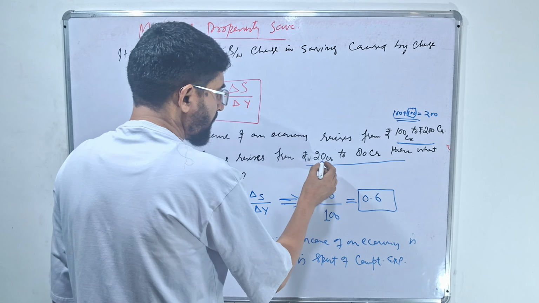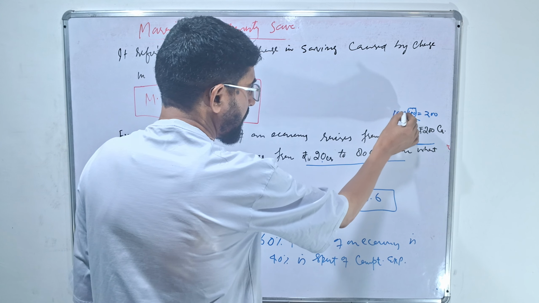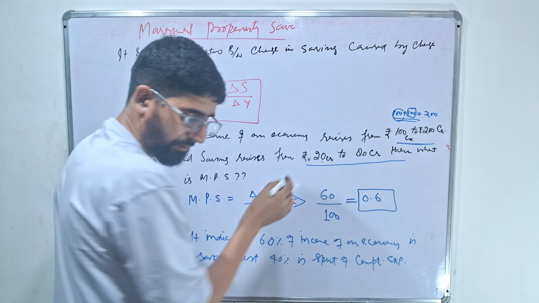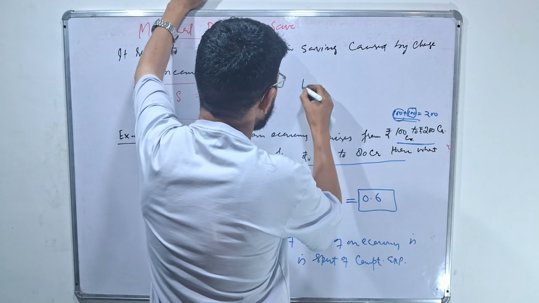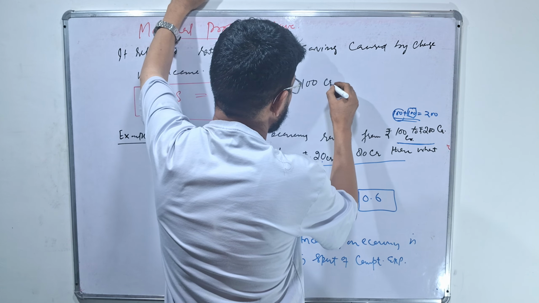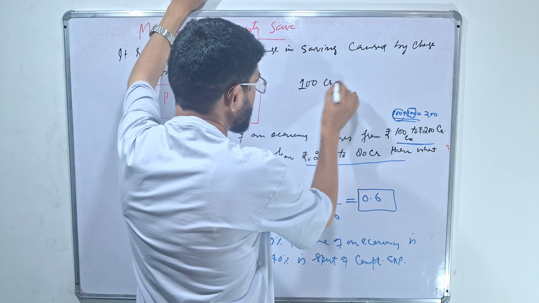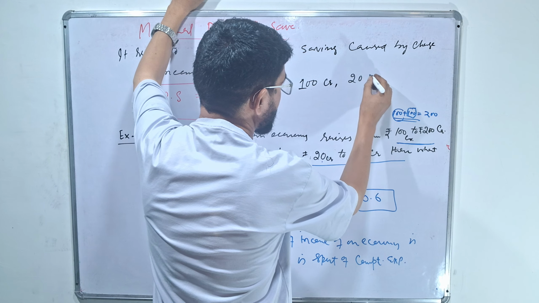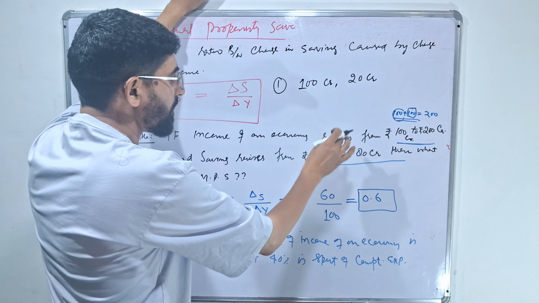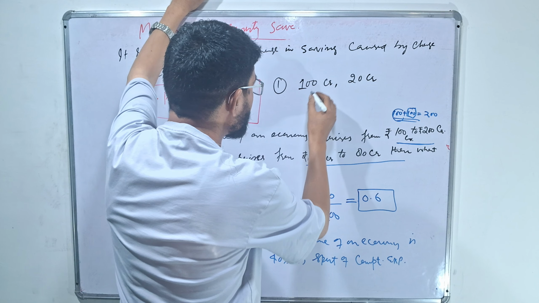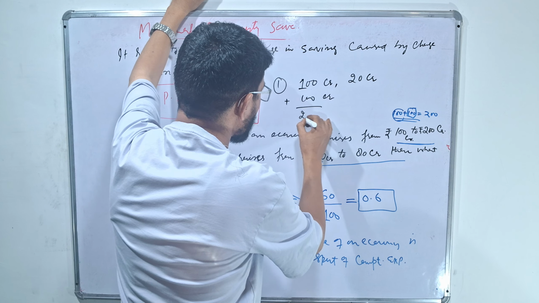and here is 20 crore to 80 crore. When an economy was in its initial stage, income was only 100 crore, and 20 crore was saving. When income increased from 100 to 200, an increase in income of 100 crore, this becomes 200 crore.